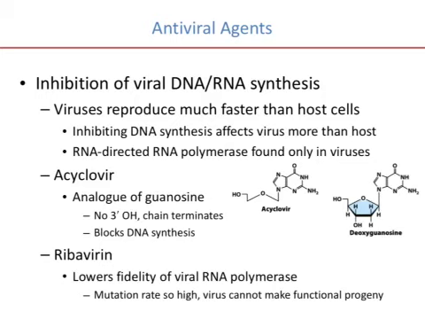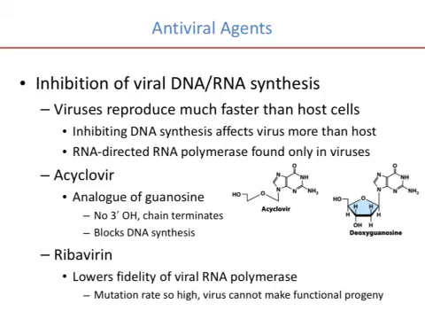One of the strategies is inhibition of viral DNA and RNA synthesis. Now, when you inhibit viral DNA synthesis or RNA synthesis, oftentimes you're inhibiting the synthesis of the host DNA. This tends to still work because viruses reproduce so much faster than host cells that it affects the virus more than the host.